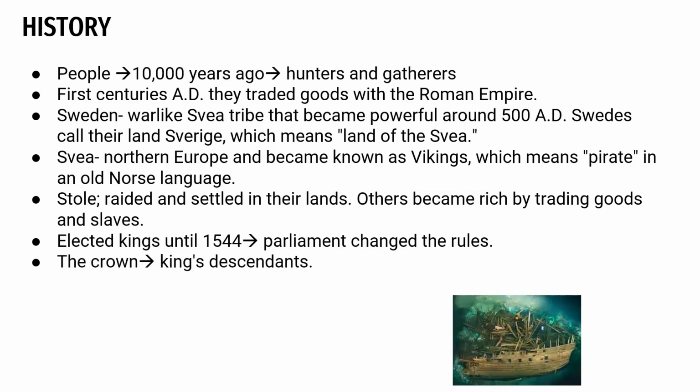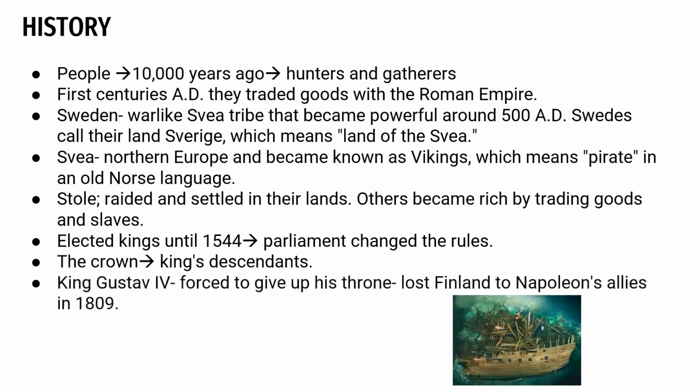Like, the king's children became the kings. King Gustav IV was forced to give up his throne because he and his allies lost Finland to Napoleon's allies in 1809. Napoleon comes from the French part.